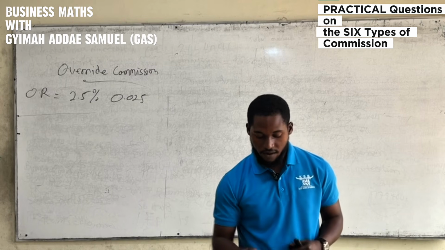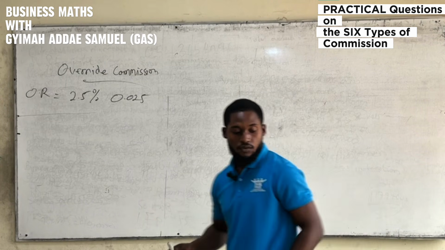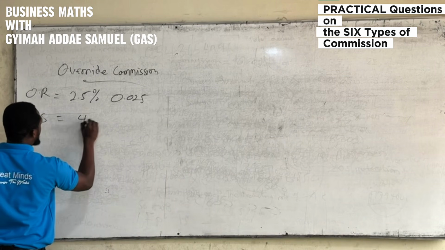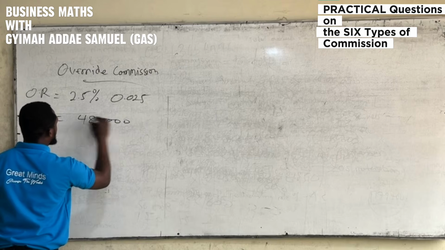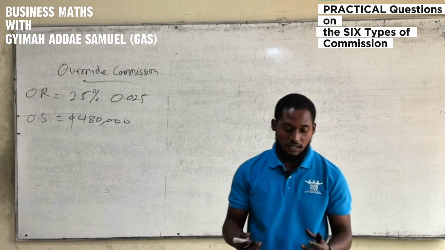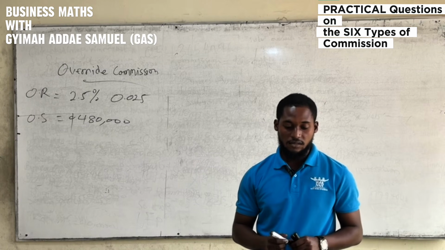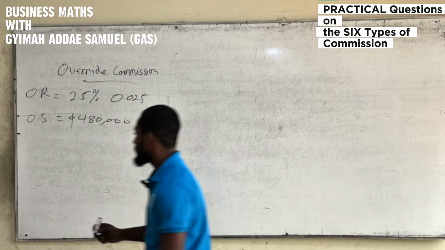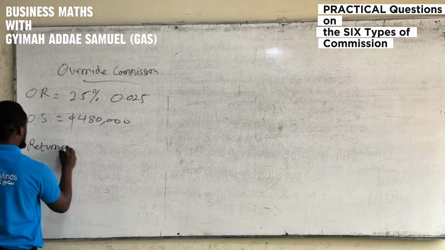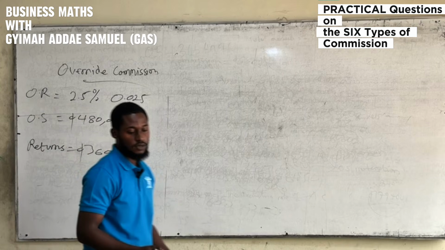Determine Equia's override commission. So here, the override sales, OS, is 480,000 Ghana cedis, and provisions of returns were made here. Returns amounted to 36,000 Ghana cedis. So now what do we do?